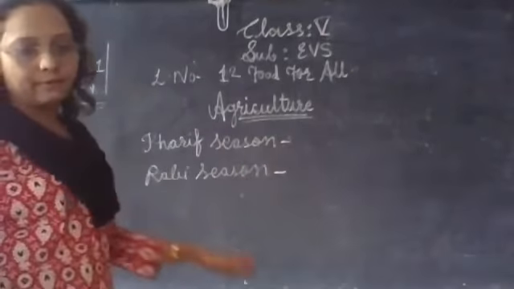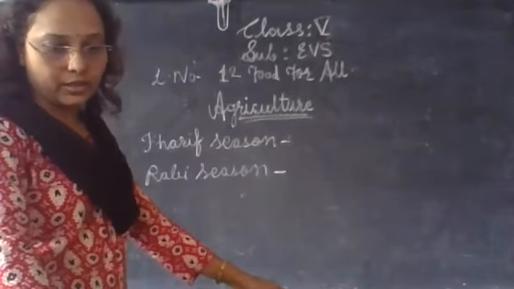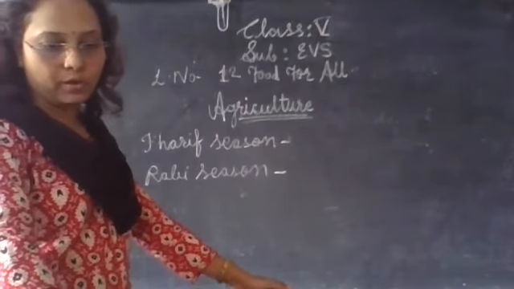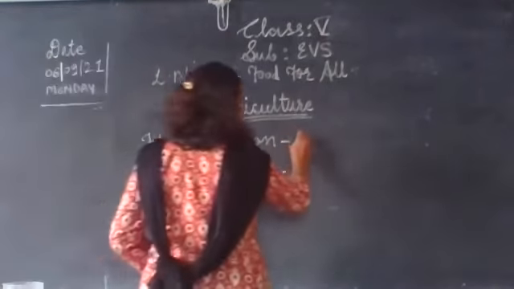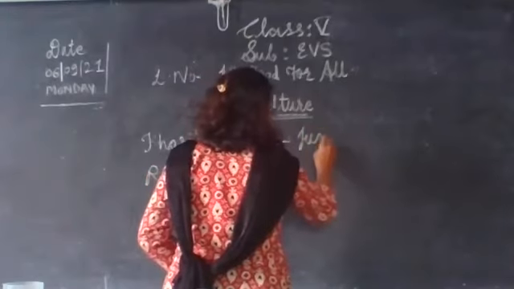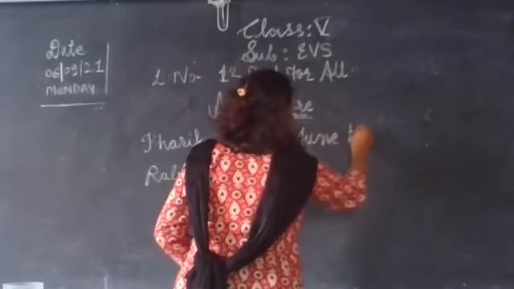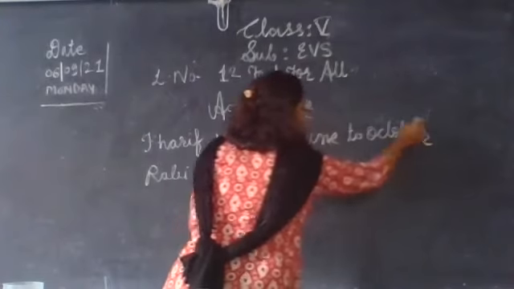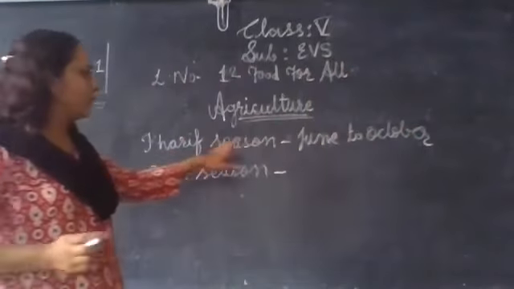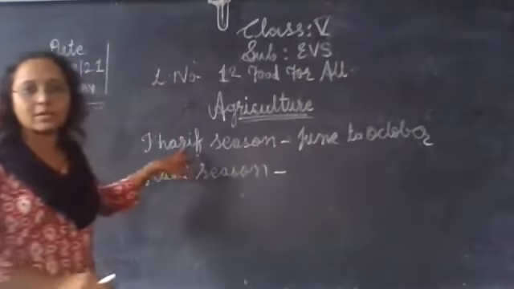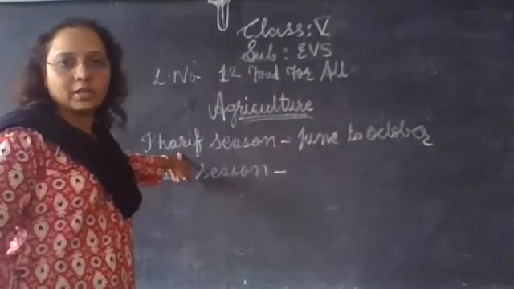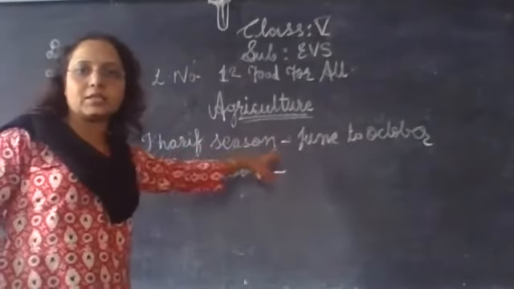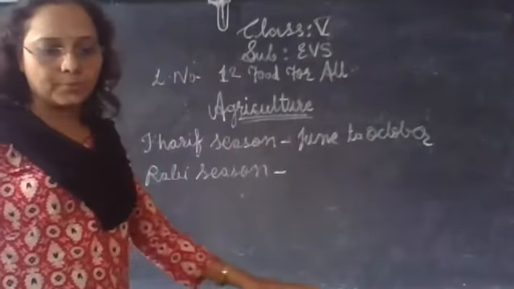Two seasons are found in our India. The season from June to October is Kharif. The crops we grow in this season are the Kharif crops.